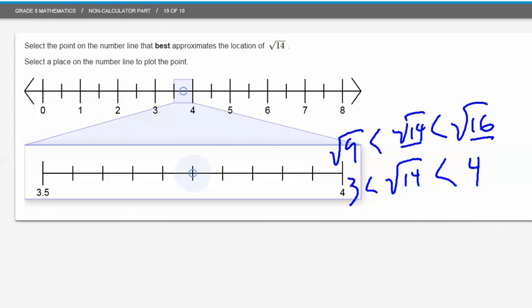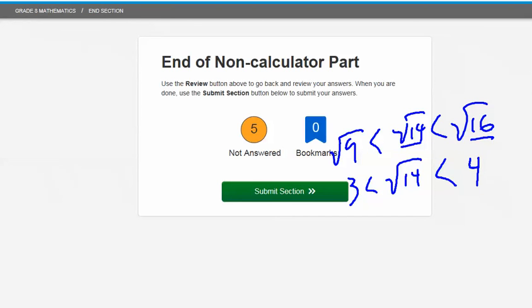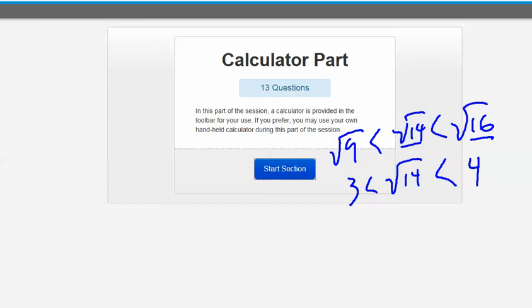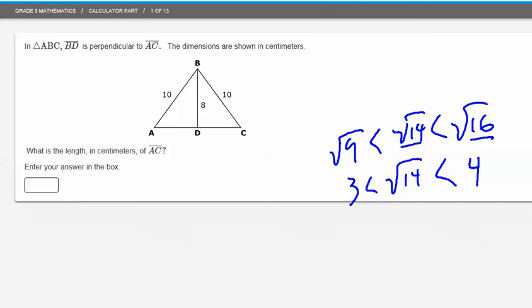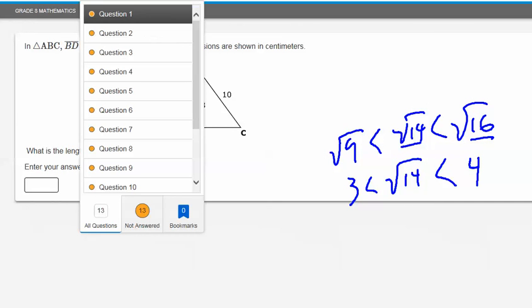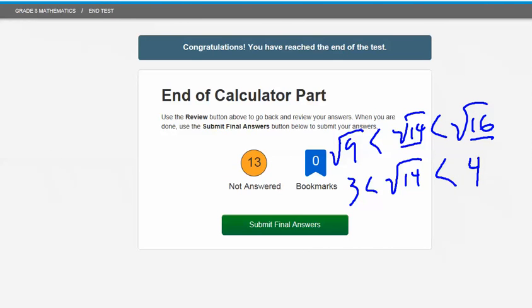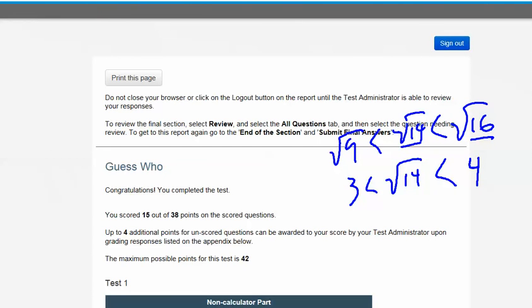Okay, so that's the end of our section. I'm going to submit, and I'm not going to do this whole calculator section. I'll save that for another video. But I am, however, going to end this section, and let's see how we did.